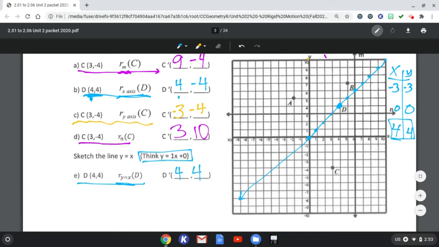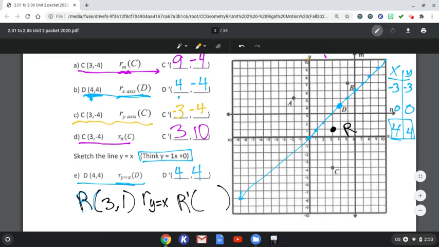But what if I had the point R, and I'm going to graph that new. What if we told you point R was 3 comma 1? Okay, so I'm going to graph point R, 3 comma 1 right here. Now I want to reflect that over the line y equals x. What would R prime become?